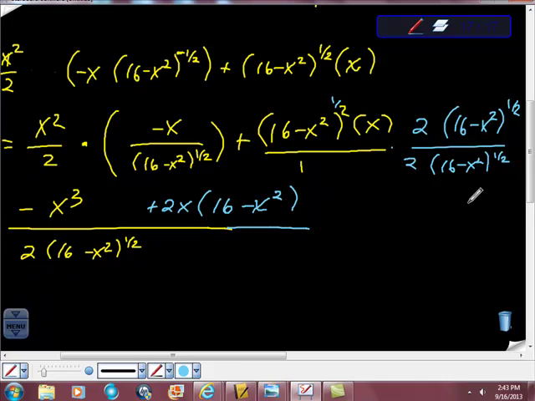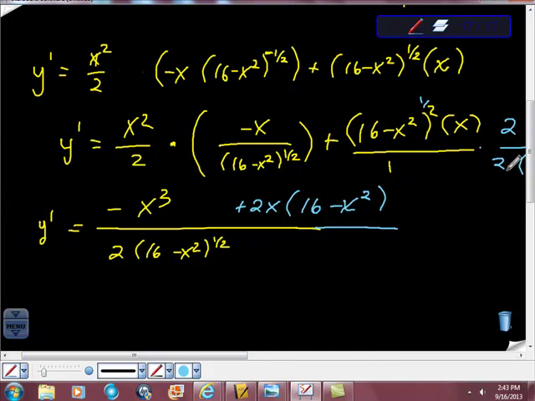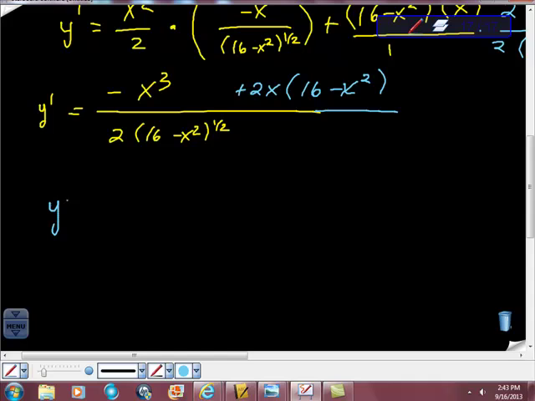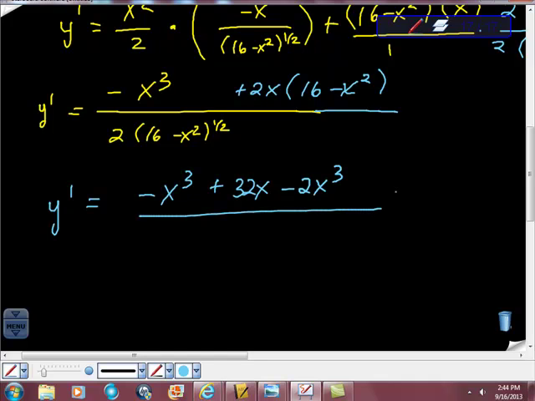Now our denominators match. Hopefully you can see that. And then as I finish all this math up, I'm just going to clean it up now and say that y prime is equal to negative x cubed plus 2x times 16 is 32x, isn't it? 2x times negative x squared is negative 2x cubed, isn't it? All over 2 times 16 minus x squared to the 1/2 power.